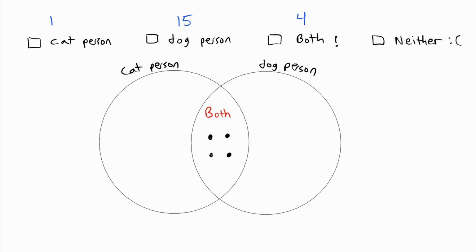All right, now, I will tell you that there is a problem with this data, like a big problem. See, 4 people said they like both cat and dog. But I see there's only one person who's a cat person. And so, see, if 4 people like both, are those 4 people also cat people?